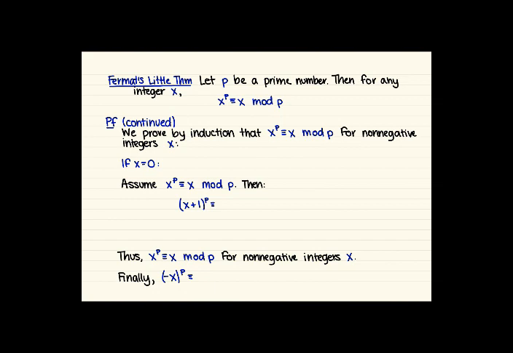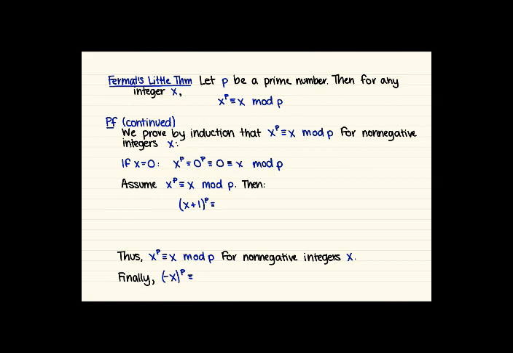If x equals 0, then x to the p is 0 to the p, and that's just 0, which was x. So we have x to the p is congruent to x mod p, and that gives us our base case.